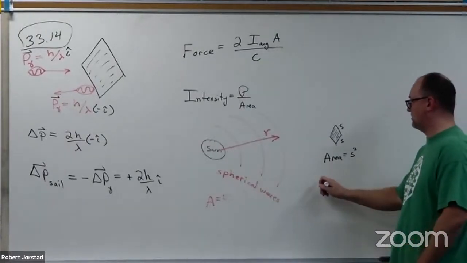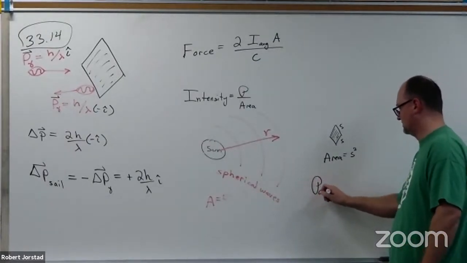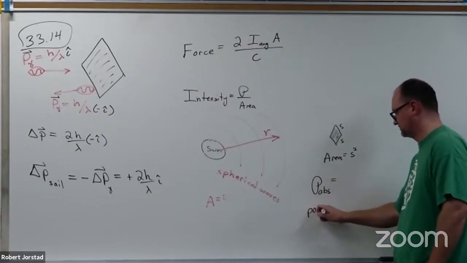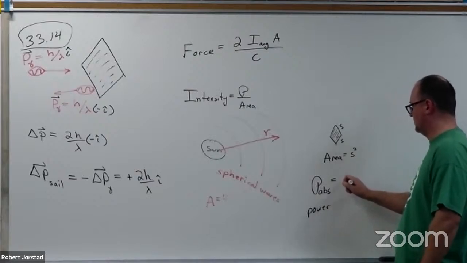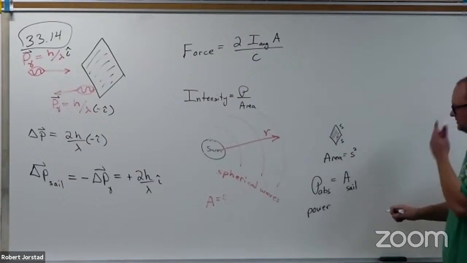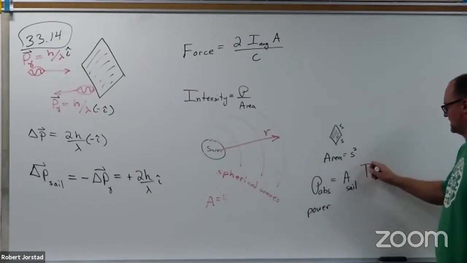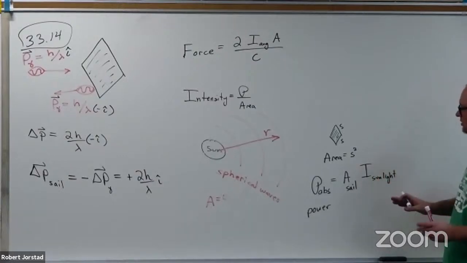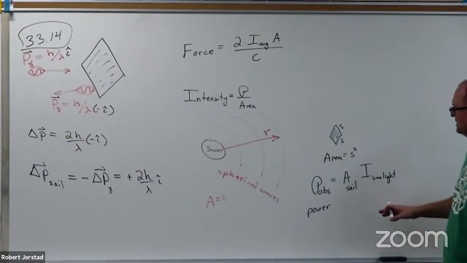So the power absorbed, this is power, should equal area of the sail times the intensity of the sunlight. As a result, we get this very unusual looking equation, right?